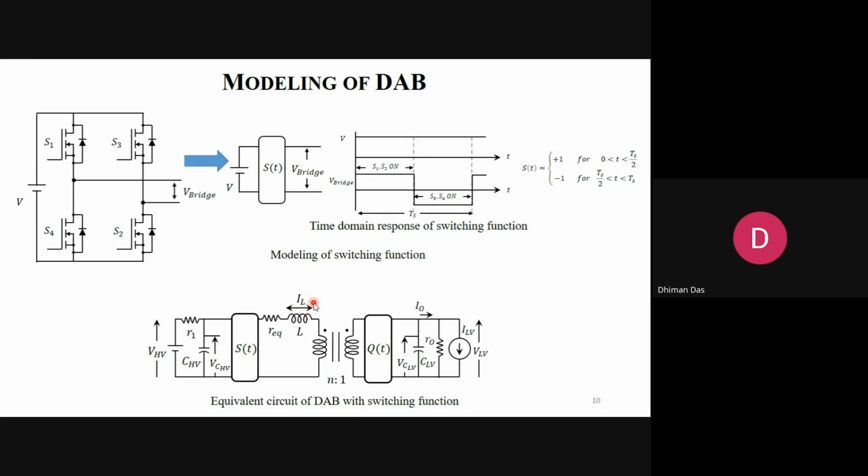Now you can see the equivalent circuit of the dual active bridge: the switching function at the primary side, one inductor and one transformer, which is just a translation, a similar switching function at the secondary side, and the output voltage capacitor and the load.